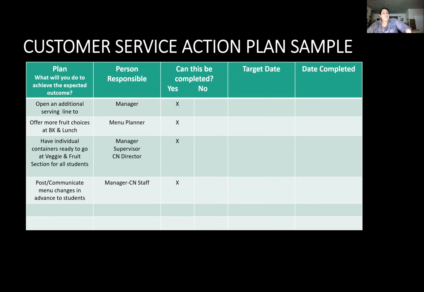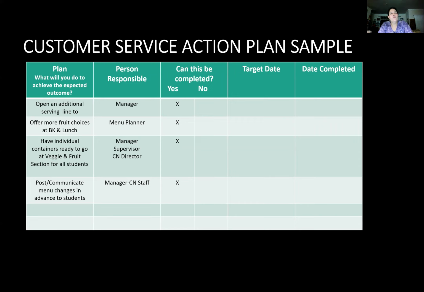And maybe you have different things that you want to add depending on the area that you work, depending also on whether you are a manager, a supervisor, or a child nutrition director. No matter what position you're in, you can have a plan, you can have goals, and you can challenge yourself to do this. Let's go with my example for now.